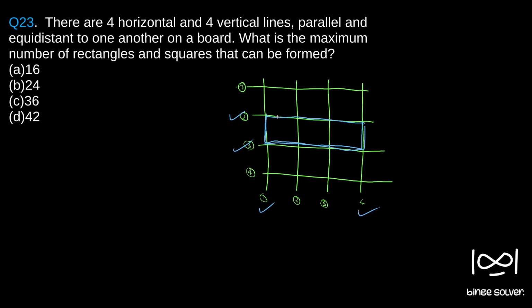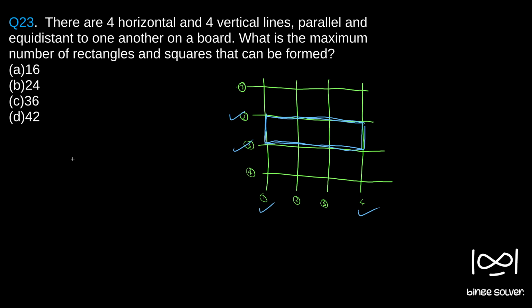So the question is asking how many ways we can choose two vertical lines and two horizontal lines, since each combination will give a unique rectangle or a square. So if you know combinations, the answer will be very simple.